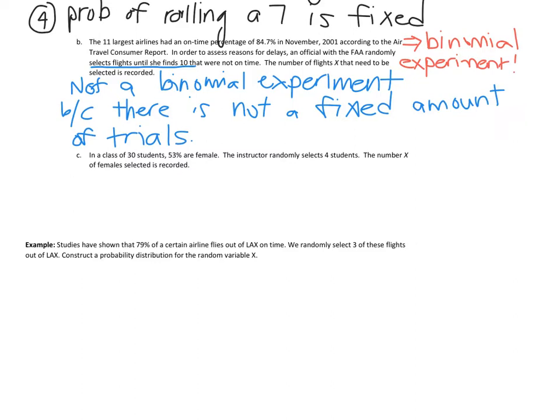All right. And then finally, part C: in a class of 30 students, 53% are female. The instructor randomly selects 4 students. The number of females selected is recorded. Is this a binomial experiment? No. And it's right here: the instructor randomly selects 4 students. So this is not a binomial experiment because it's sampling without replacement, so it's not independent trials.